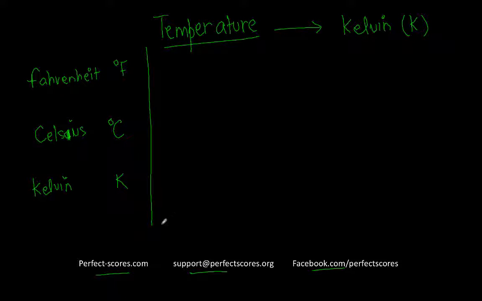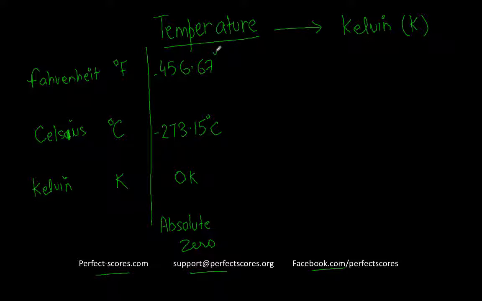So few values that you need to remember, you must know, are the values of absolute zero. Now it's called an absolute zero because in terms of Kelvin, the value is 0 K. In terms of Celsius, the value is minus 273.15 degrees Celsius, and in terms of Fahrenheit, it is minus 456.67 degrees Fahrenheit.